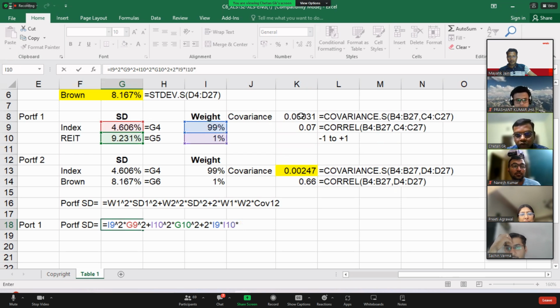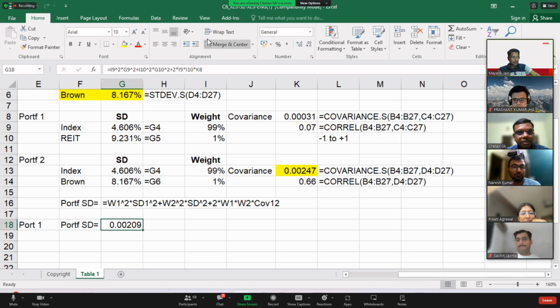Covariance is this one. This is applicable for portfolio one. Covariance between 1 and 2, where 1 is index and REIT is 2, in this case is this. Is it clear? Shall I press enter?